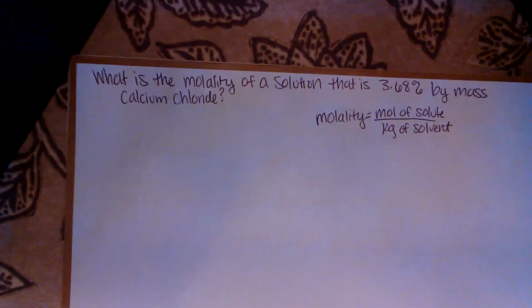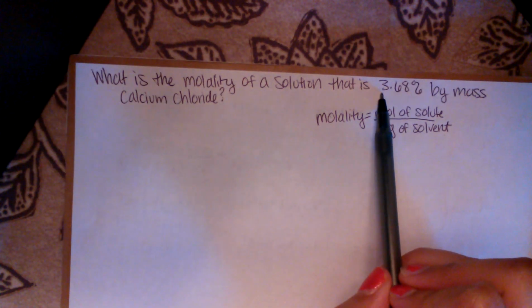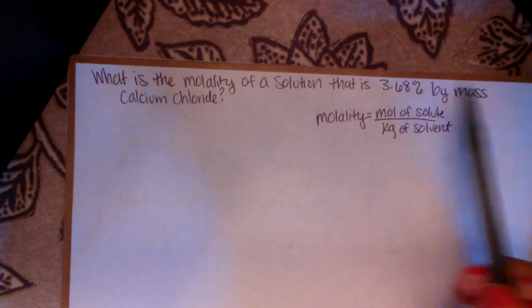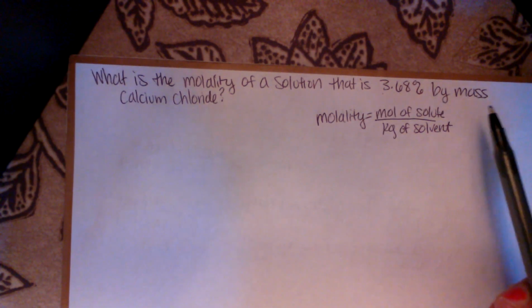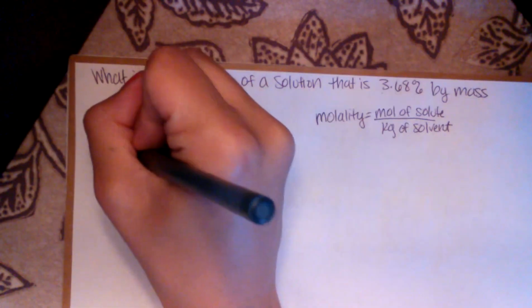So first, it tells us here that we have 3.68% by mass. So from this value, you can assume that we have 3.68 grams of calcium chloride.